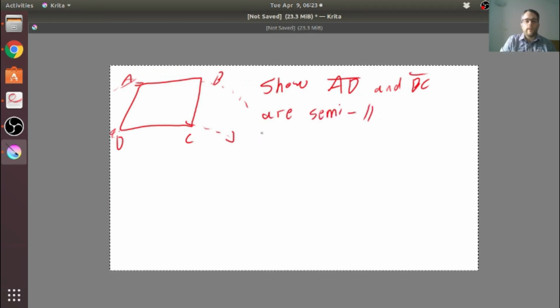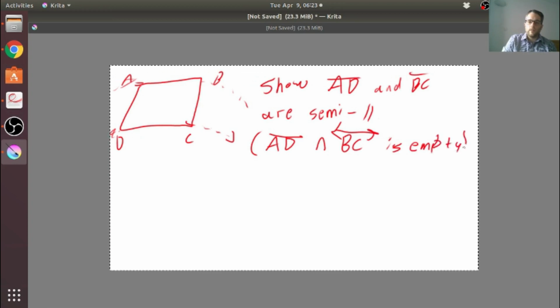What that means is that we need to show that AD intersect the line BC is empty, meaning they never hit each other. And vice versa, we need to show that BC intersect the line AD is also empty. But we can do one of these and the other one will be very similar.